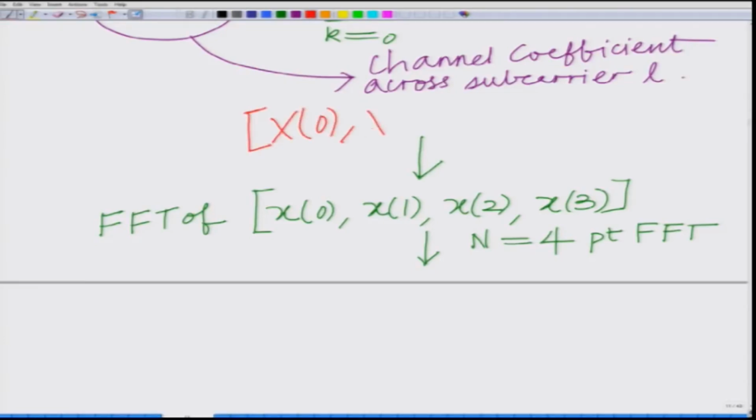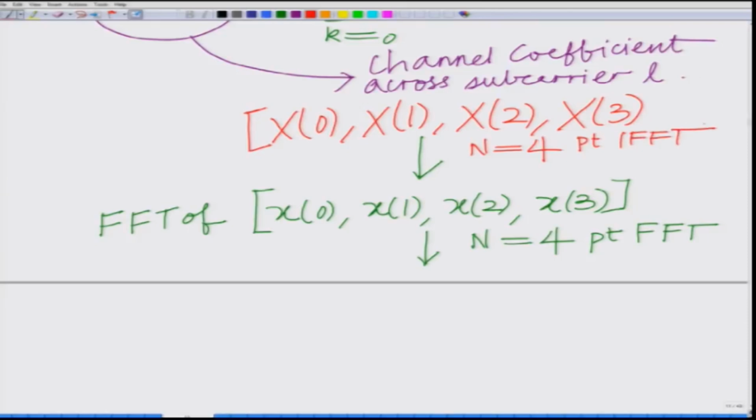Remember where we started from: we started with x0, x1, x2, x3 and we did the n equal to 4 point IFFT to get the samples. So, these are your symbols and these are your samples.